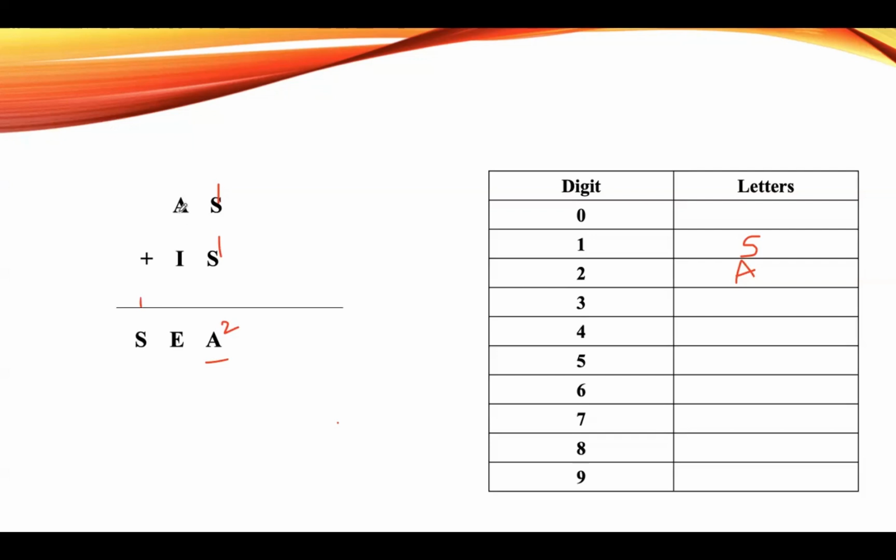Check whether A exists anywhere in the input. Here we have A, right? So assign 2 to A. Now 2 plus I should give you E, so we have to assign values here. First, start from the largest digit available, which is 9.